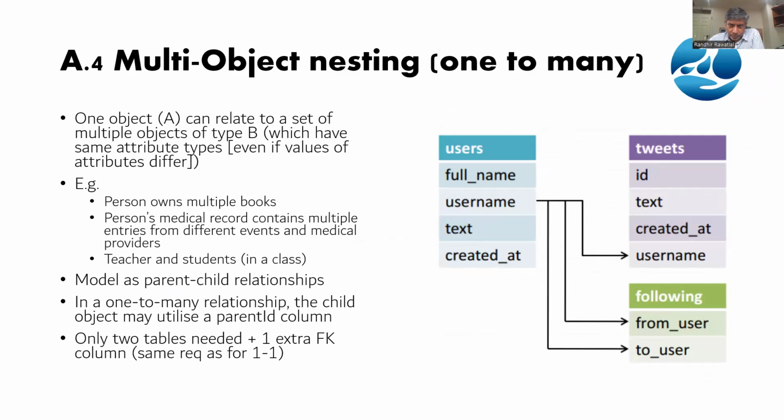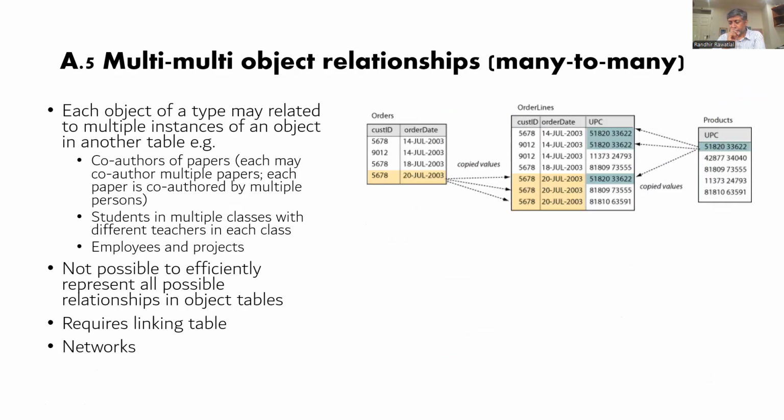Here's how we do many-to-many. The only way to support many-to-many is through a linking table. So in this example, this is for if we are ordering something, so ordering purchases. A customer may place many orders. So here, if you look, there's a customer with ID 5678, and they've got two different orders here.